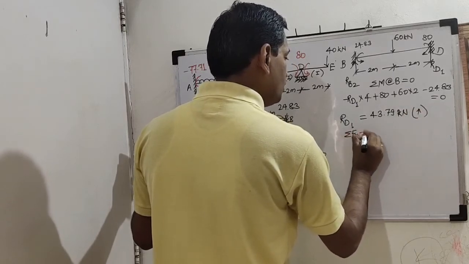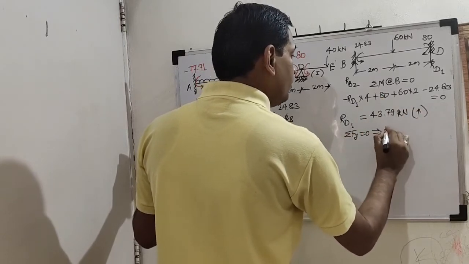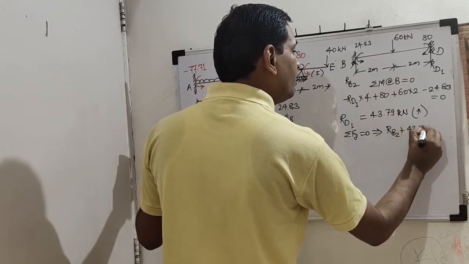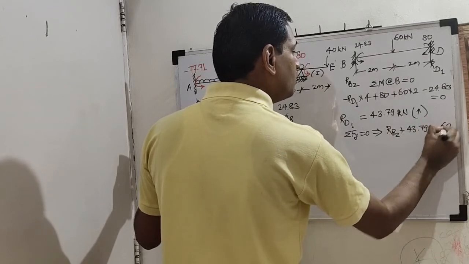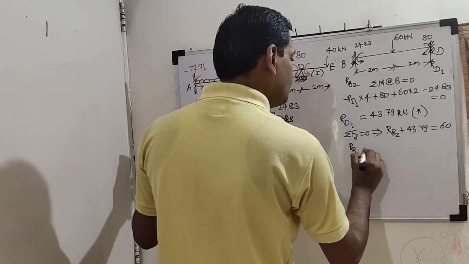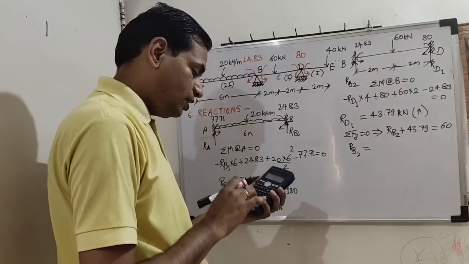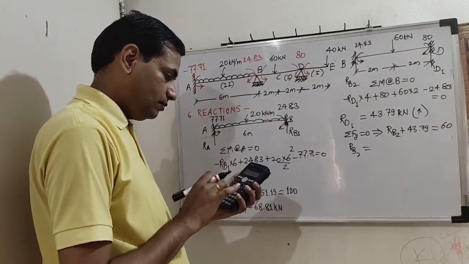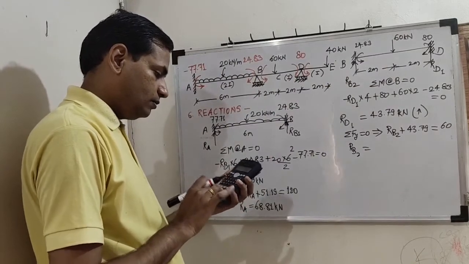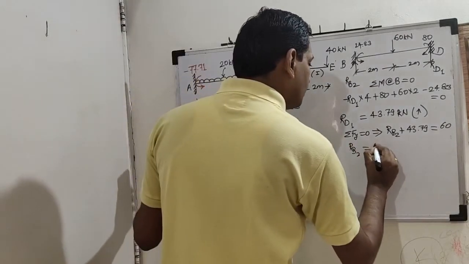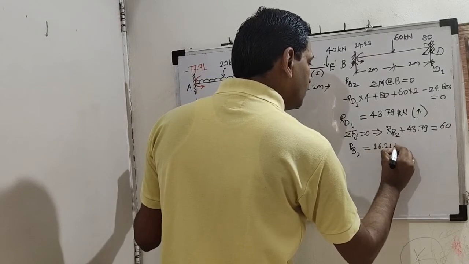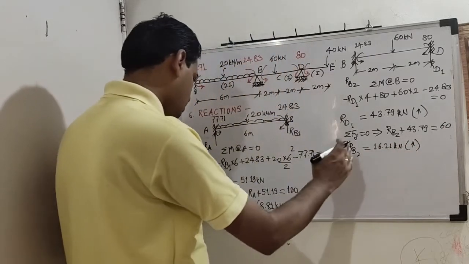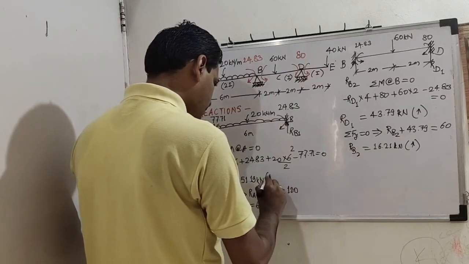Again summation Fy is equal to 0. So RB2 plus 43.79 is equal to 60. So RB2 will be how much? 60 minus 43.79, 16.21. Okay, both calculated answers for RB values are positive, hence they are upward.